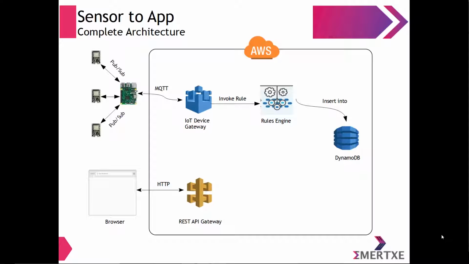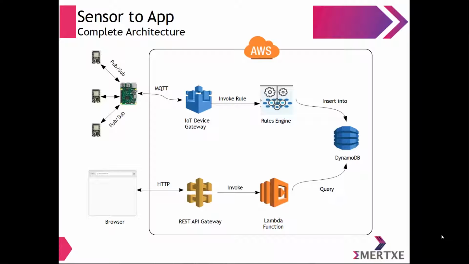Now the logic for accessing the data from the DynamoDB database is implemented as part of a Lambda function. The AWS cloud platform provides a component called Lambda function, using which we can access data from the DynamoDB database.